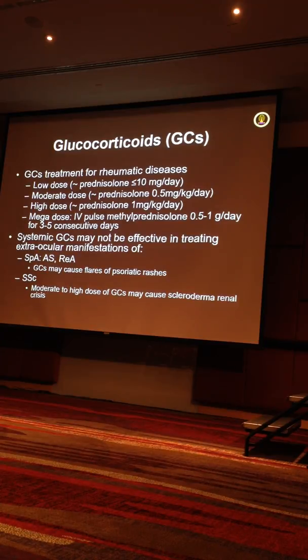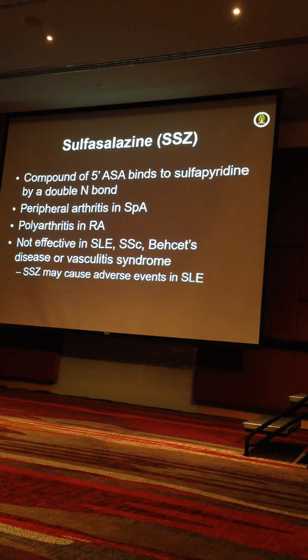And in systemic sclerosis, it may cause a major side effect, the scleroderma renal crisis, which can be life-threatening. So you have to be careful when you use systemic glucocorticoid in certain rheumatic diseases.